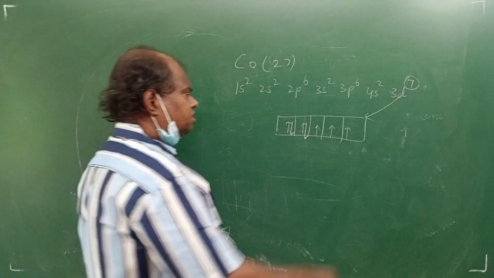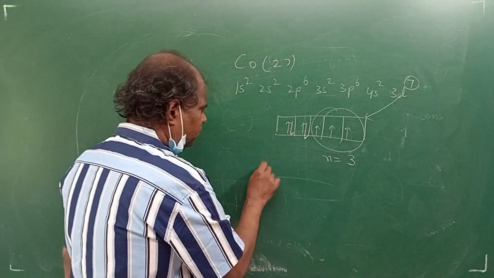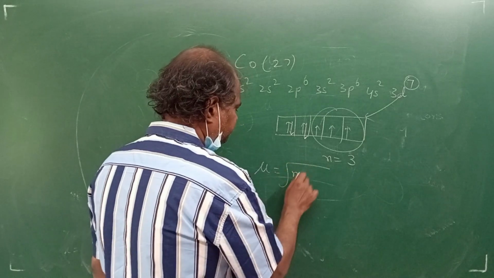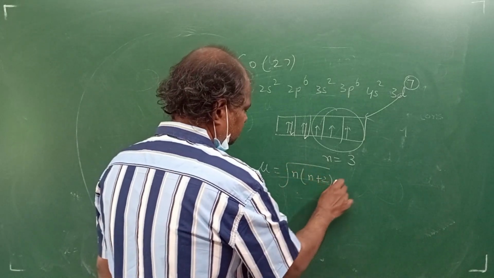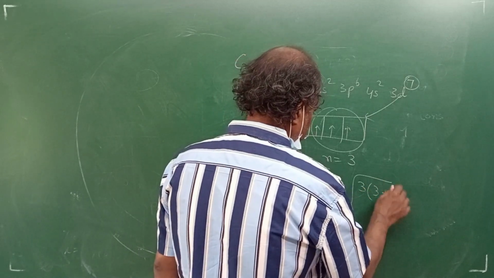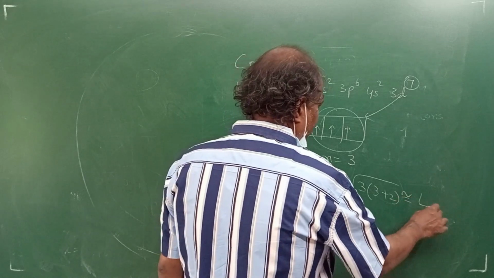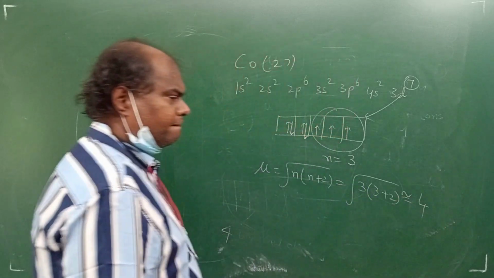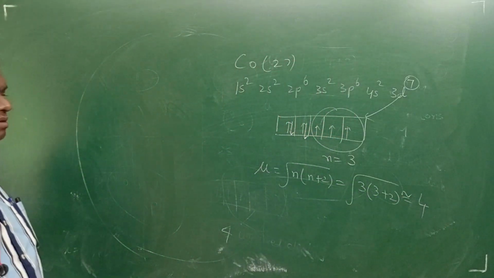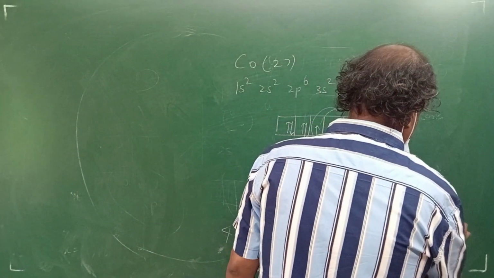What is the number of unpaired electrons? Tell me. 3. So what is the formula? Mu is equal to root of 3 into 5, 3 fives are 15, right? So you will get approximately 4 Bohr magneton.